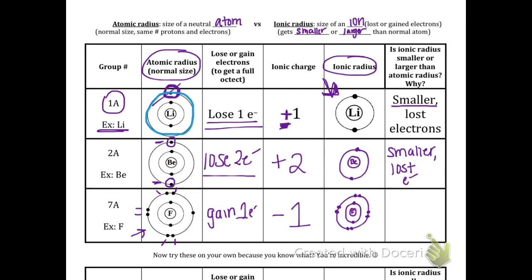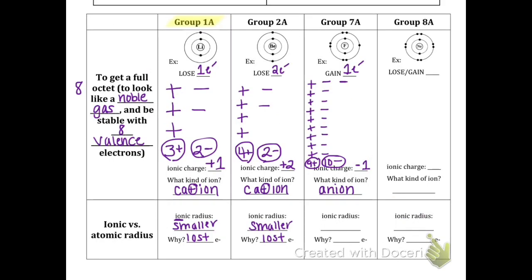Now when you add an extra electron, we are going to get larger. Why? It's like adding another piece of accessory or piece of clothing because you gained electrons. Here, you only gained a single electron. Okay, so this was our scratch work, so let's go back to our summary. Here, we're going to get larger because we gained electrons.